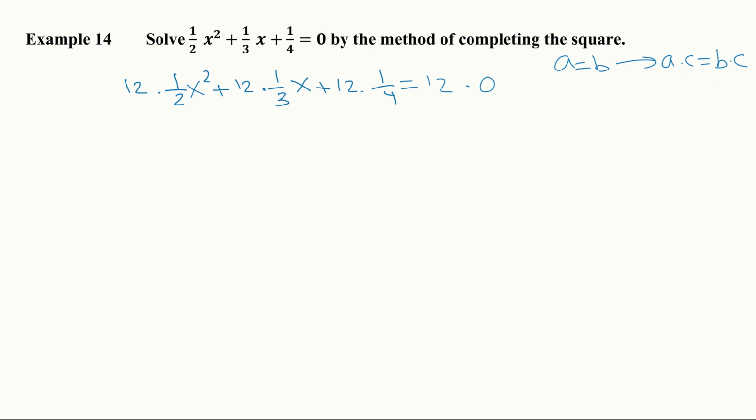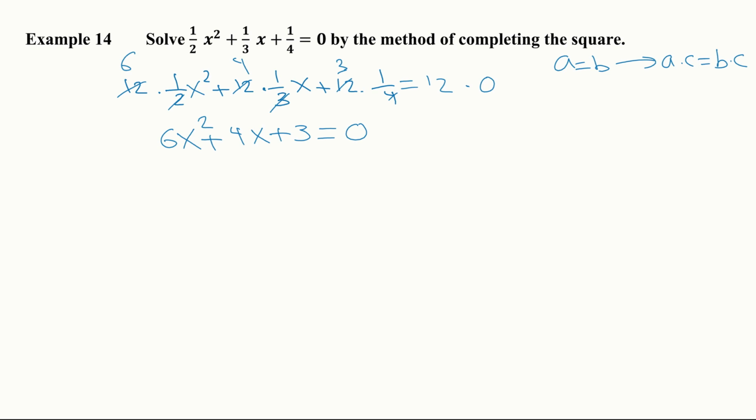So on the first one, I noticed 2 and 12 leave me 6. In the second term, 3 and 12 leave us 4 on top. In the third term, 4 and 12 leave us 3 on the top. So now we end up with 6x squared plus 4x plus 3 equals 0, right?